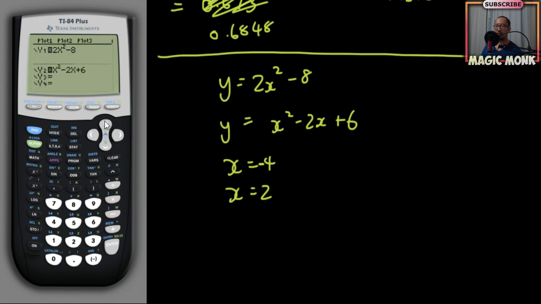Let's just draw x is negative 4. Let's make the window, make the y max a bit bigger, 20, and we don't need it that far down, it seems like.